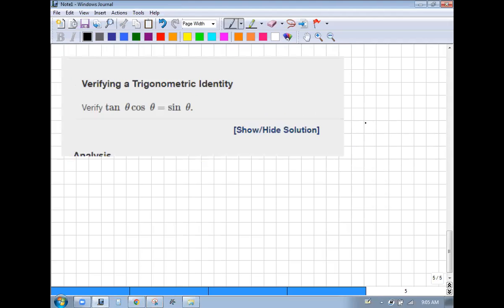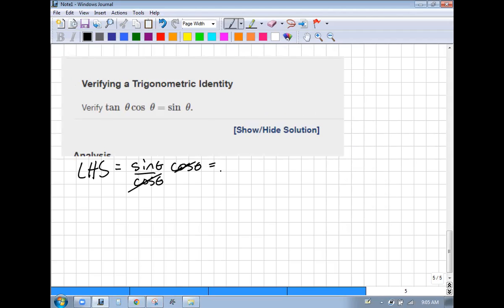So it might not be obvious that the left-hand side is exactly equal to the right-hand side, all right? But there's two kind of approaches here. We could start with one side. We'll say left-hand side. I'm going to replace tangent with sine over cosine.